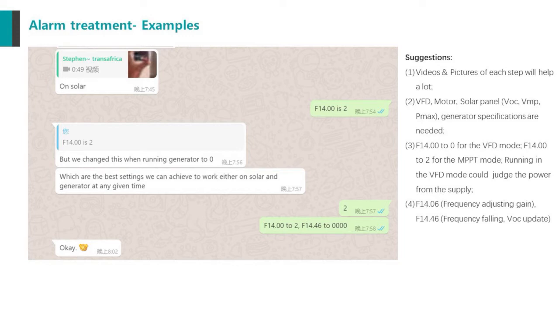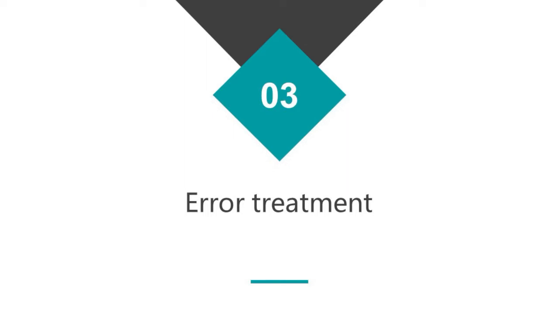F14.00, if you set to 2 for VFD mode, you could judge whether the supply power and supply voltage are enough or not. And F14.46, you could adjust the MPPT performance.